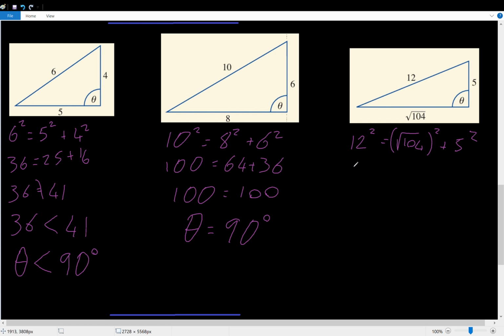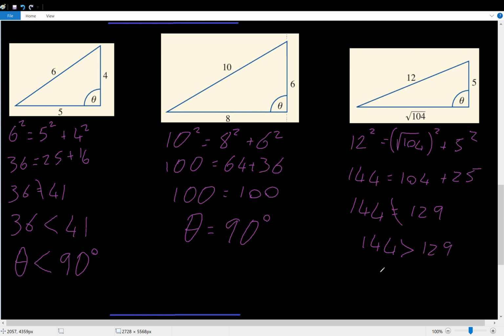Well, 12 squared is 144. The root of 104 squared is 104, and 5 squared is 25. So we get 144 is equal to 129, which it is not. In fact, 144 is greater than 129. So this is not a right angle triangle.